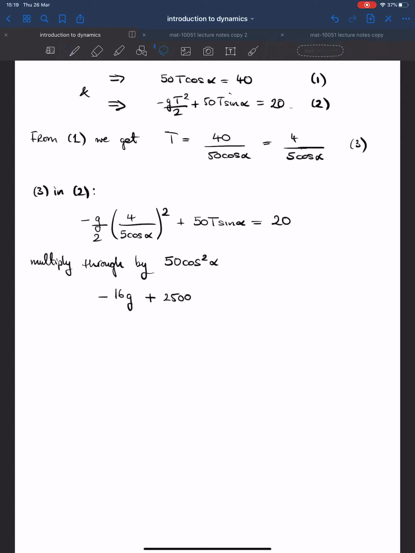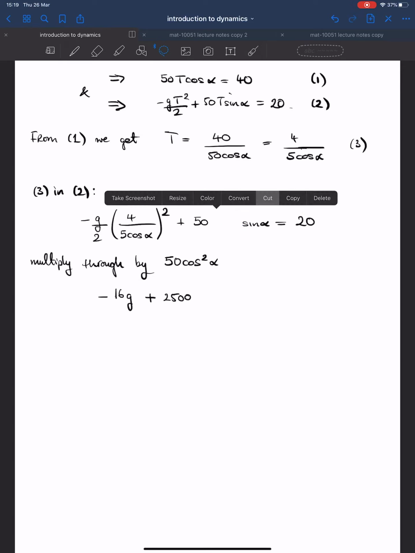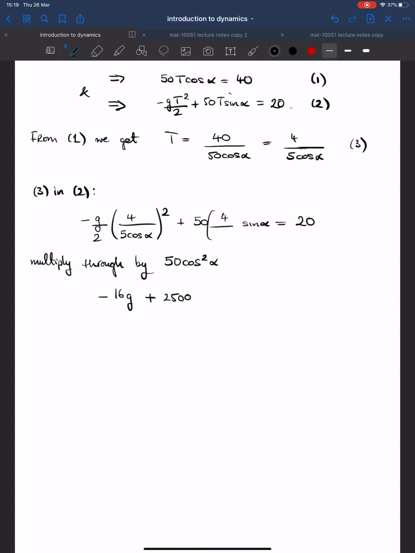You know what? I've forgotten to put in capital T. Let me just correct this. So this needs to be 4 over 5 cos alpha. Good. So it's not 2,500. What is it?